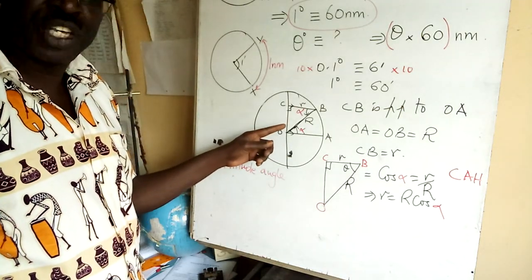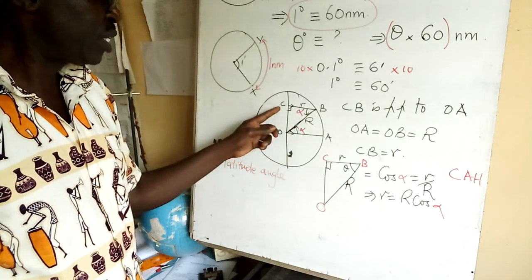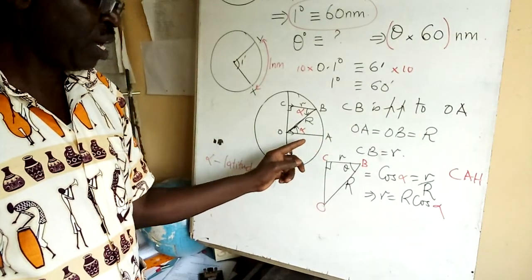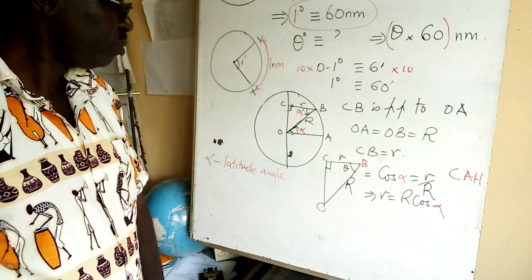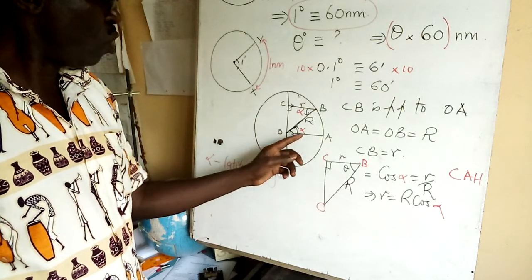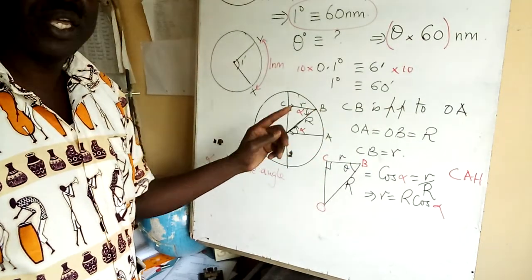Now, if you study this diagram, CB is parallel to OA. Therefore, if this is alpha, even this one is alpha. Okay? This OA is equal to OB.